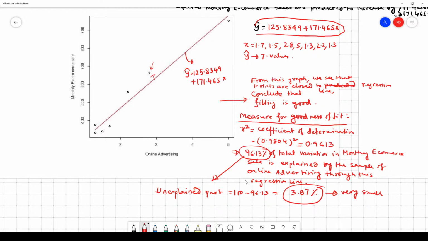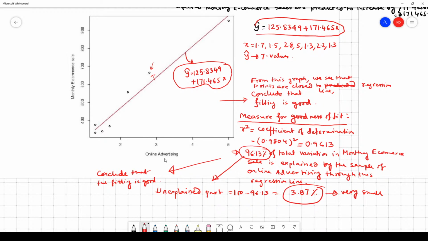So this means we can conclude that the fitting is good. So we can use this prediction formula, that is the regression line, for predicting monthly e-commerce sales on the basis of online advertising.